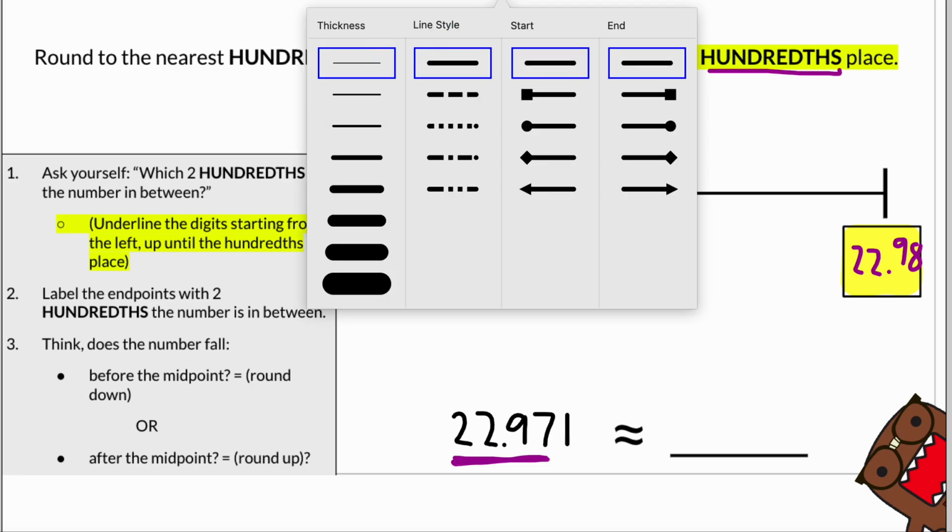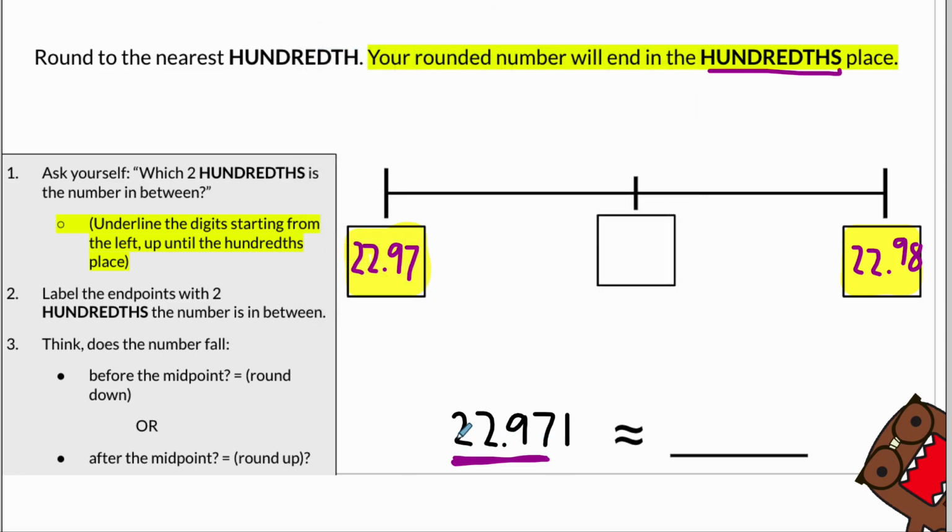But now we're going to make life easier. And since 22 and 971 thousandths goes into the thousandths place, underneath I'm going to write the equivalent amount of thousandths. Make that invisible 0 visible. So I have 22 and 970 thousandths, 22 and 980 thousandths. And this will make it friendlier for us to think about the midpoint.